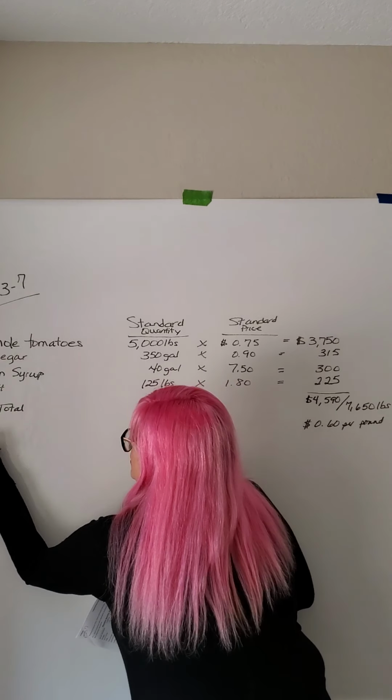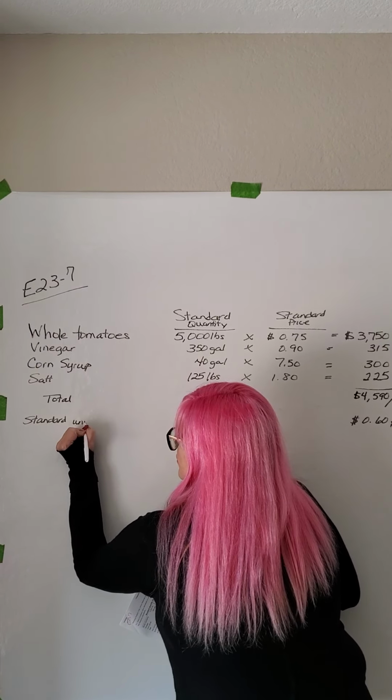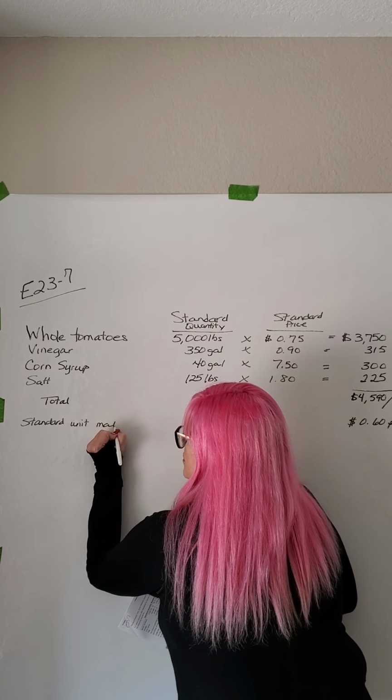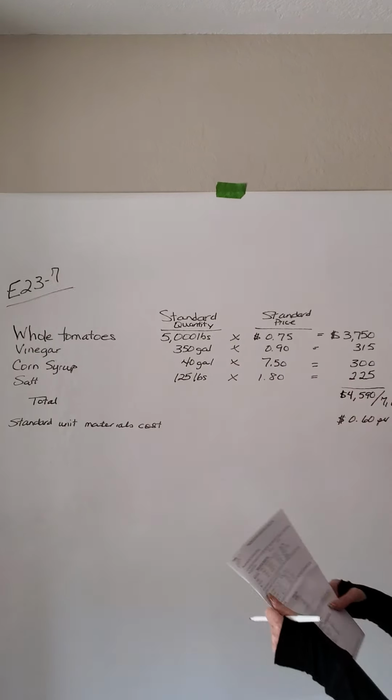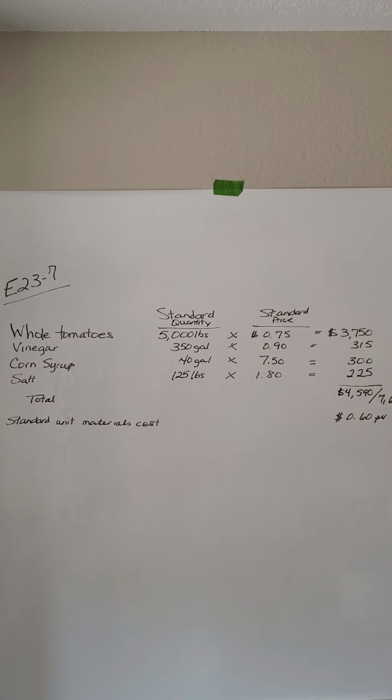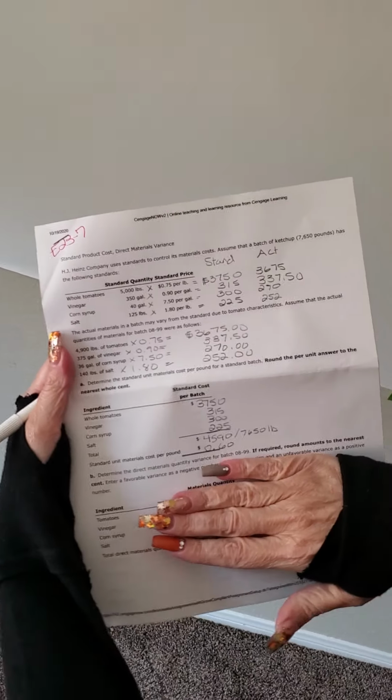So this is our standard unit materials cost. And that's when you're filling out for A, okay? So they have you do that. There's your standard per batch, okay?